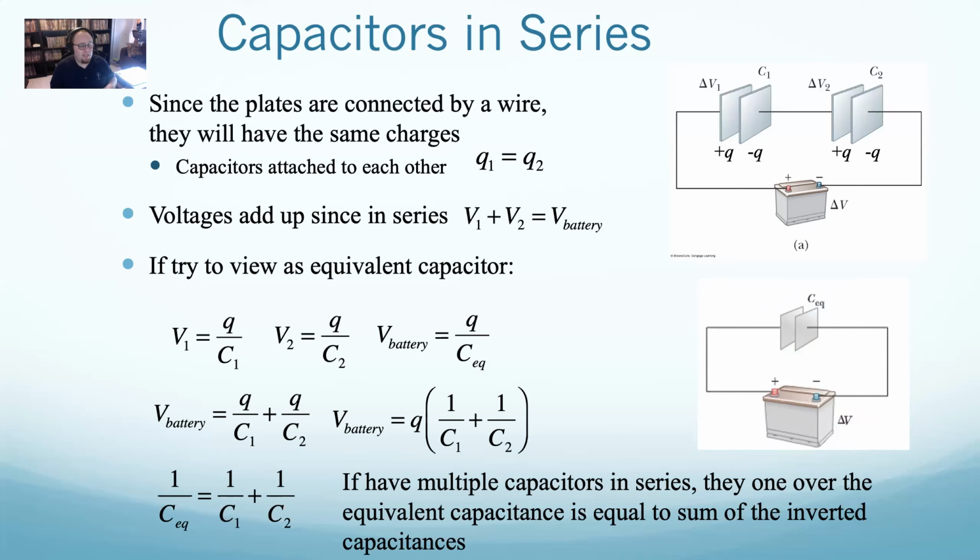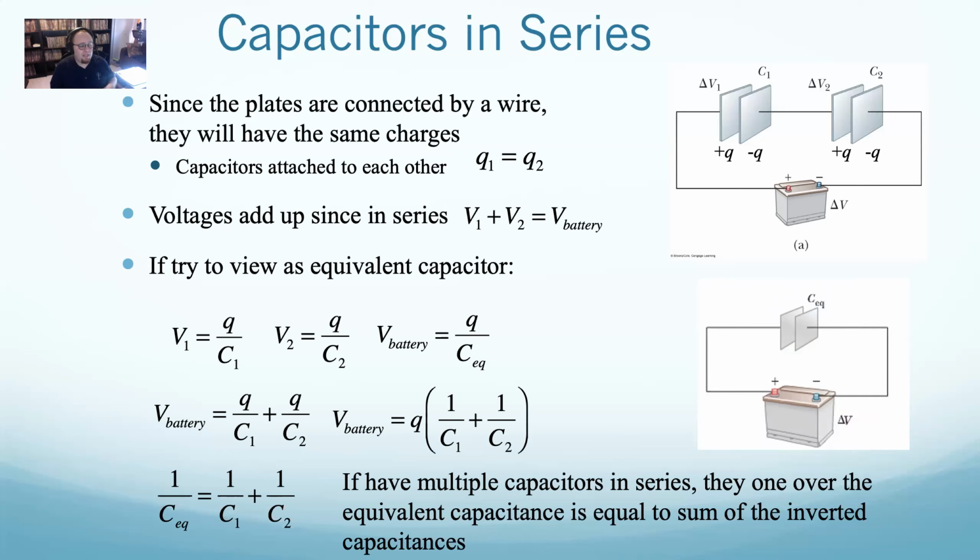So, there's only two of you, so I'm just going to do this out loud. Is this parallel or series? Either one of you? Or neither one of you? Parallel? Yep, that's parallel.